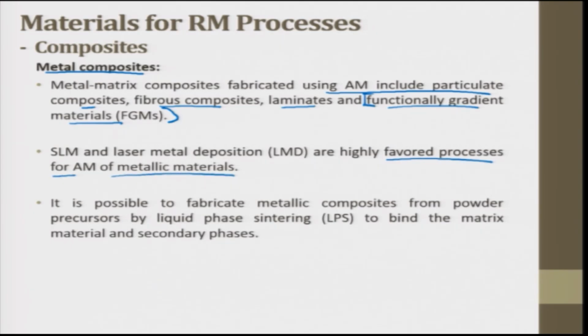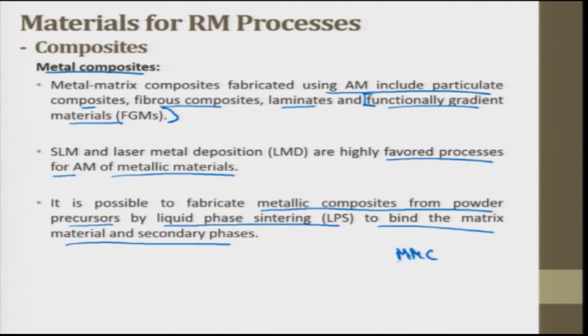It is possible to fabricate metallic composites from powder precursors by liquid phase sintering to bind the matrix material and secondary phases. So this technique has been applied to obtain MMC, which are metal matrix composites. Metal matrix composites are now manufactured using additive manufacturing techniques.